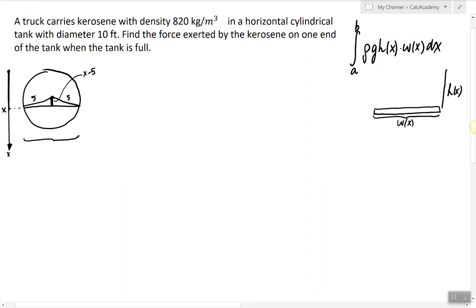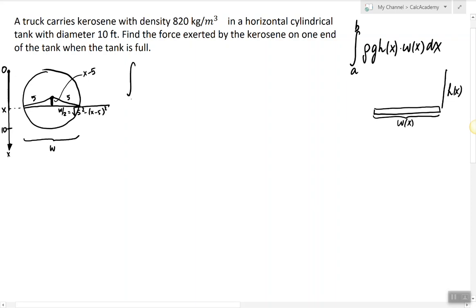Then using the Pythagorean theorem, we can find half of w, which is the square root of 5 squared minus (x minus 5) squared. And the limits of integration will be from 0 all the way to 10, which is the diameter of this circle.